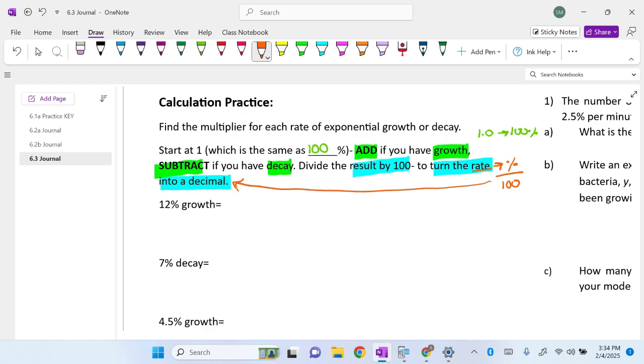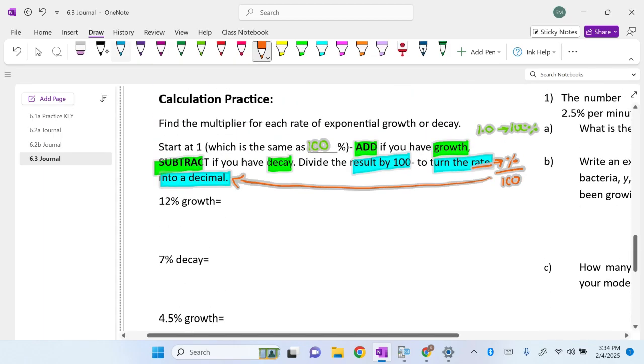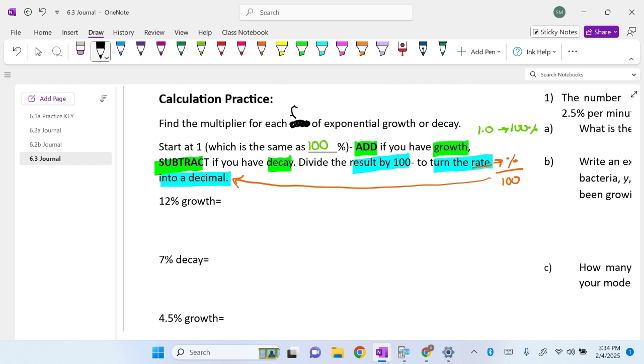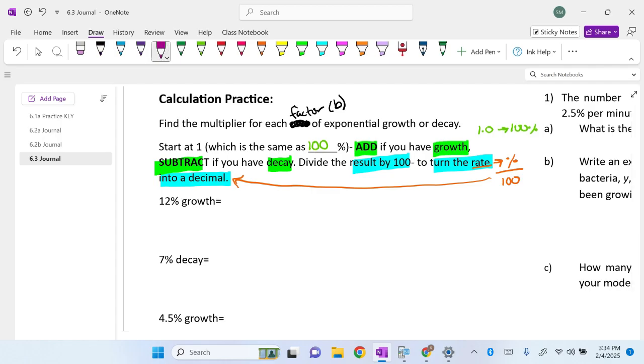So, first things first, we're going to go through these together and find our factors. So, it says rate, but in reality, we are finding the factor of exponential growth and decay because that would actually be our B value. When you hear factor, you're going to think your B value. So, first things first, we're talking about 12% growth. So that means that we're going to do something along the lines of 1 plus R because we're growing.